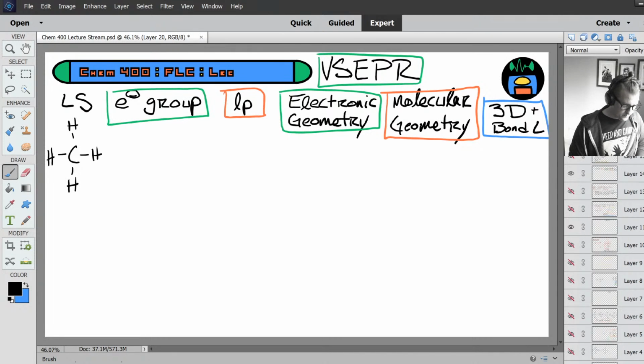All right, now, we have the number of electron groups around our central atom. We have 4 electron groups. There are 4 atoms, no lone pairs. Whenever you have 4 electron groups around your central atom, your electronic geometry will be tetrahedral.